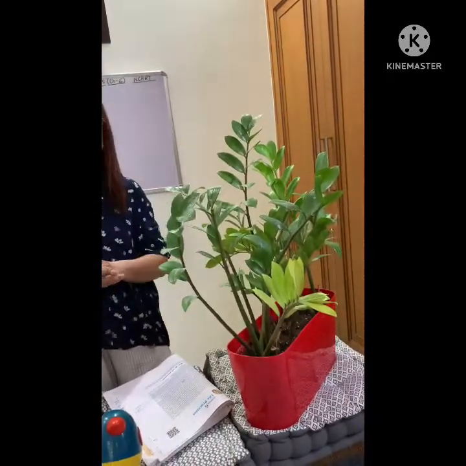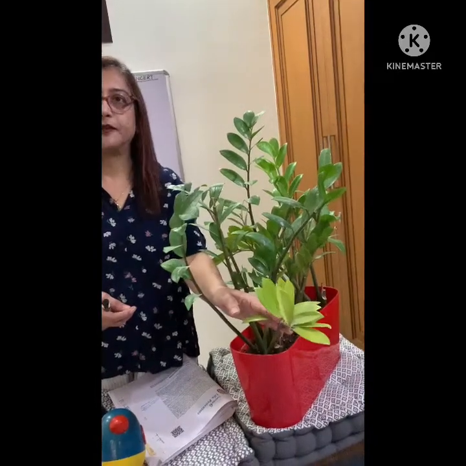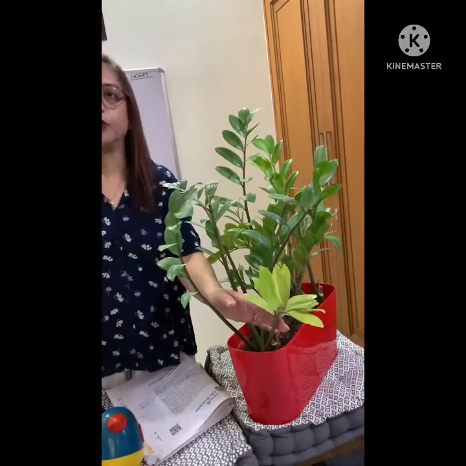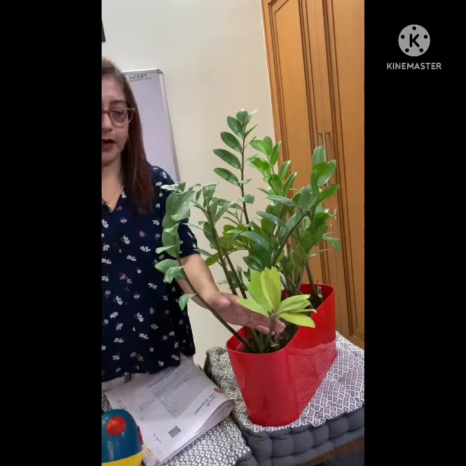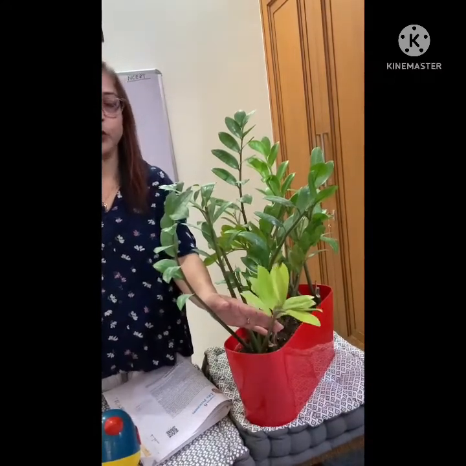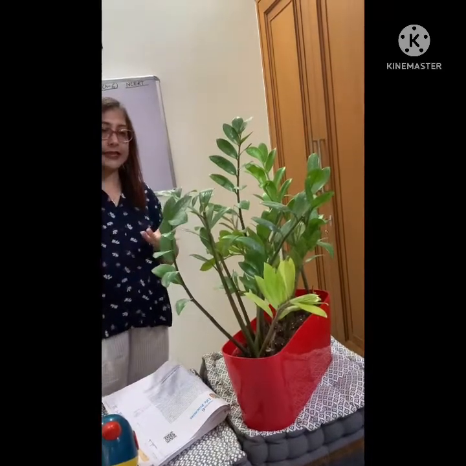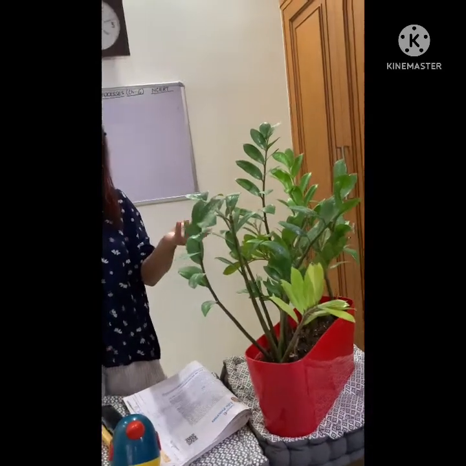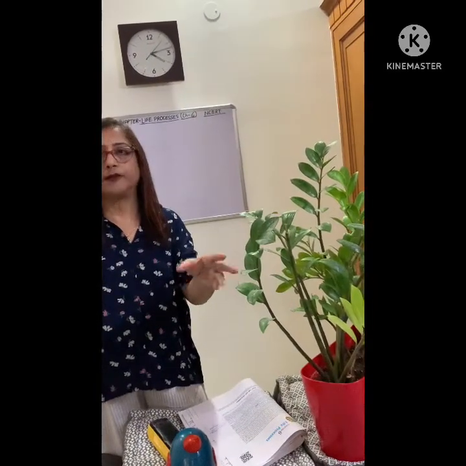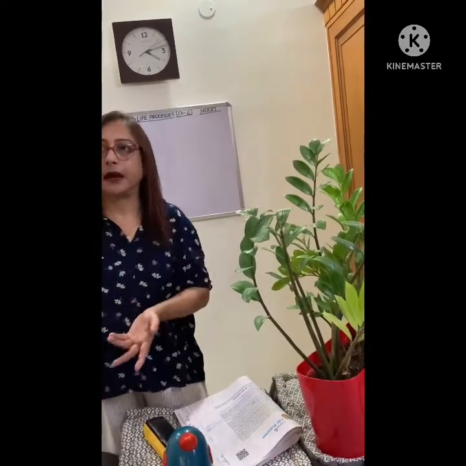You can say that these yellow leaves will fall off after a few days or after a fortnight. So you might say that it's living because it's green, and the yellow leaves will fall off because they have become dead. So the yellow leaves are dead and the green leaves are living.